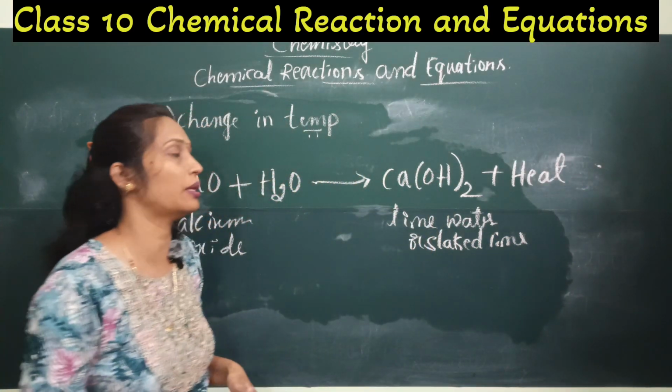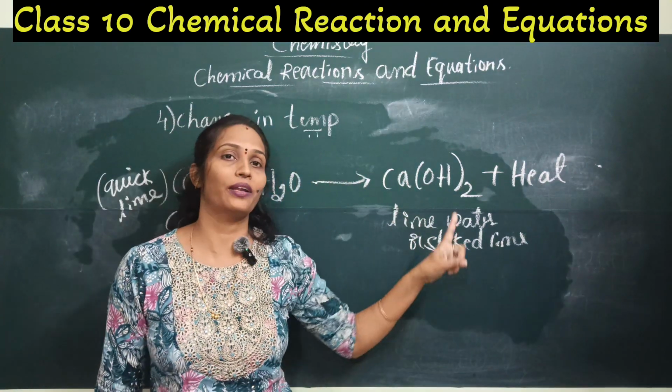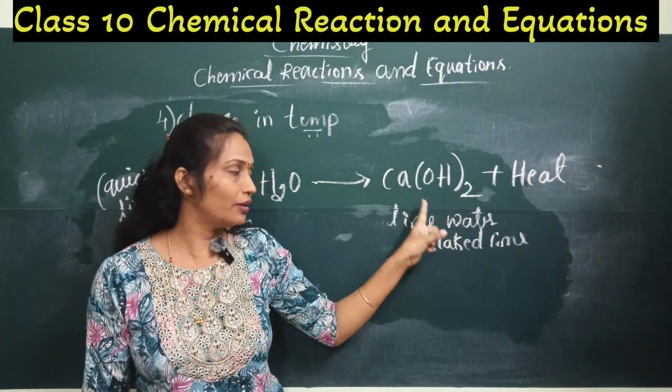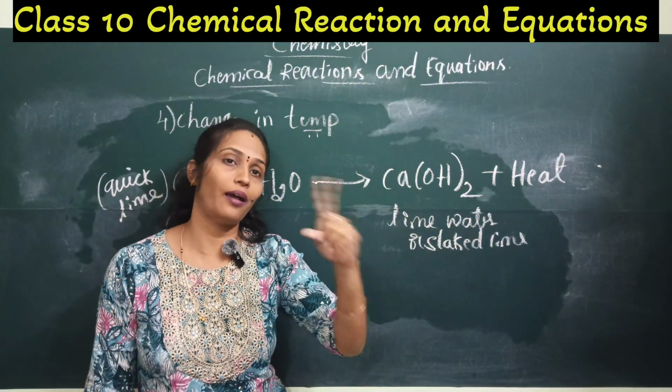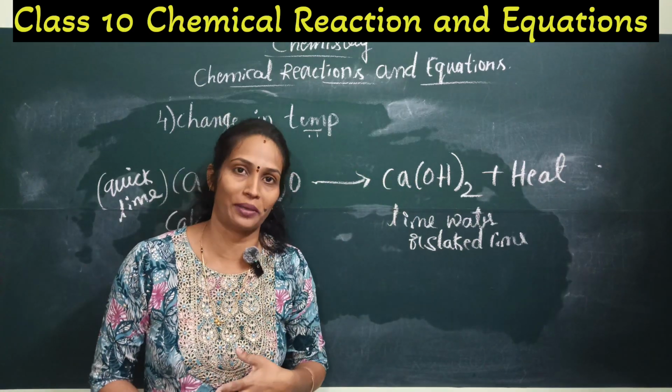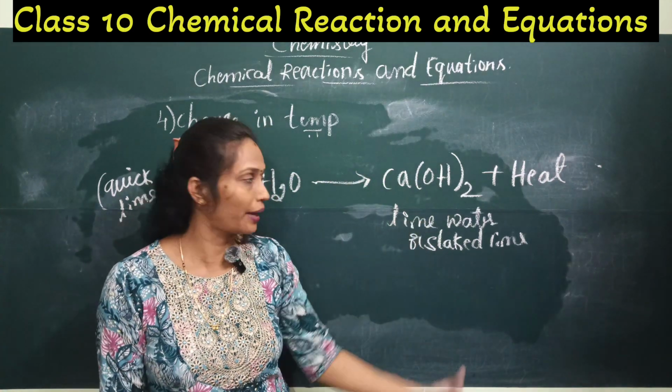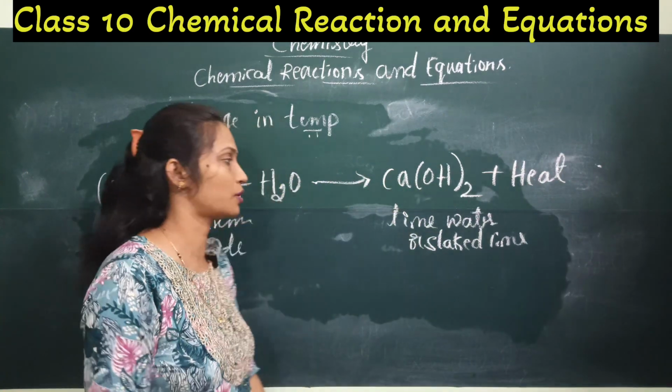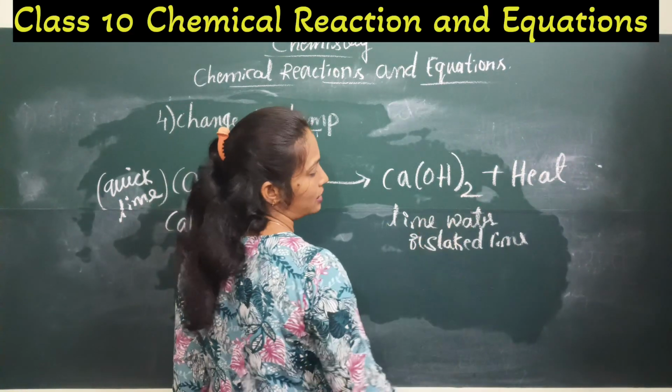Actually, what is this? Calcium hydroxide. Don't forget this guy. He will come in your entire syllabus of chemistry. He is very, very important. This calcium hydroxide is called lime water or slaked lime.